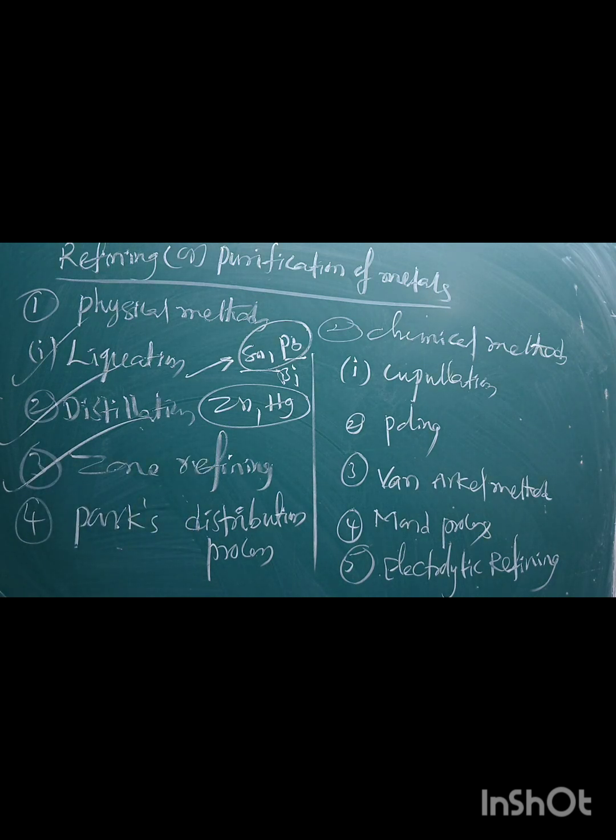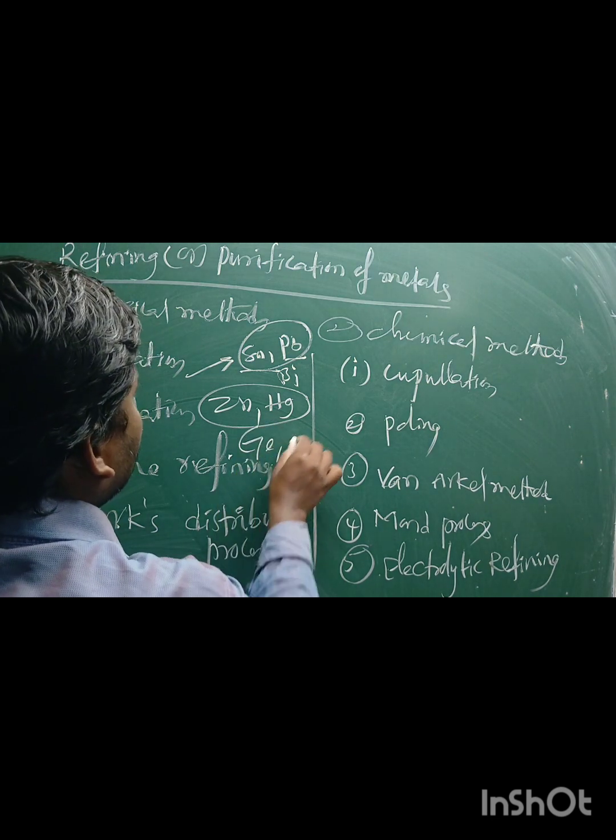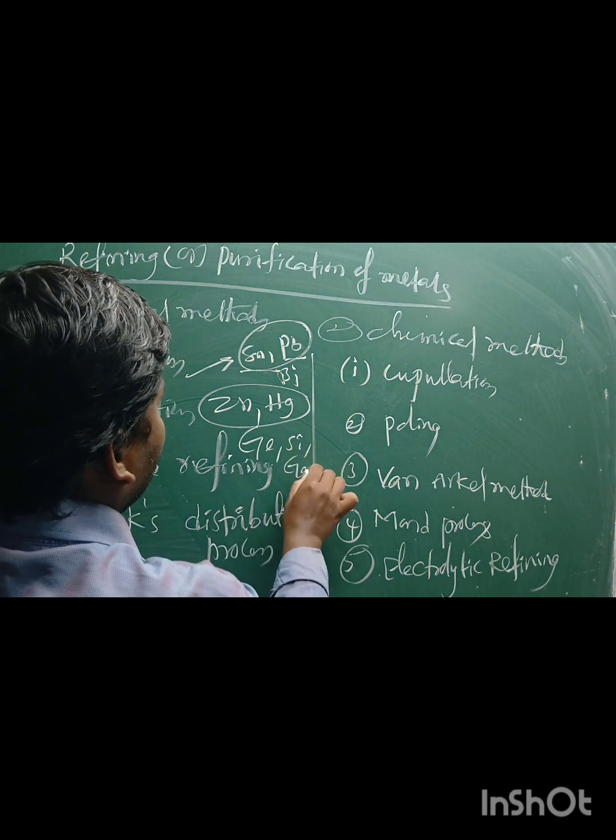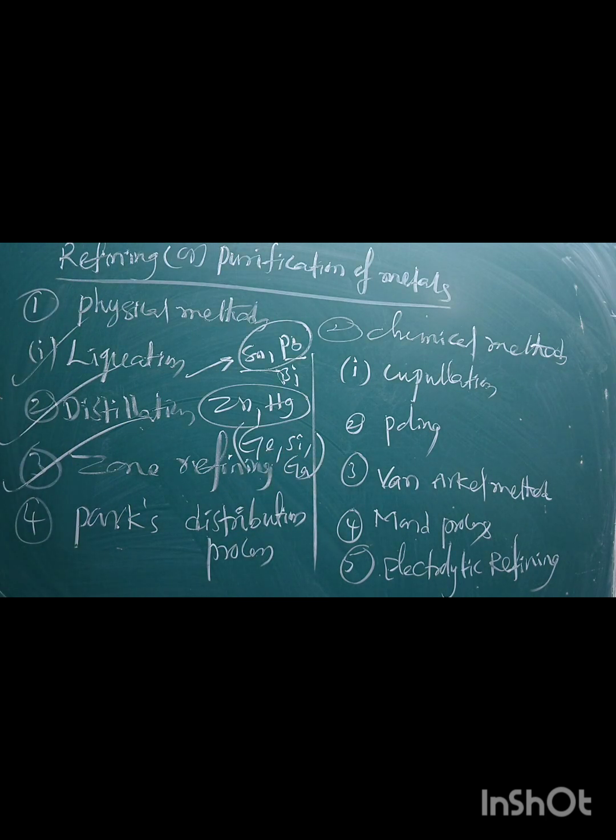Zone refining. A highly purified metal is obtained by this method, like germanium, silicon and gallium. In this process the metal and impurities have different solubilities. A circular heater is fitted around the rod. The impure metal is slowly moved along the length of the rod.